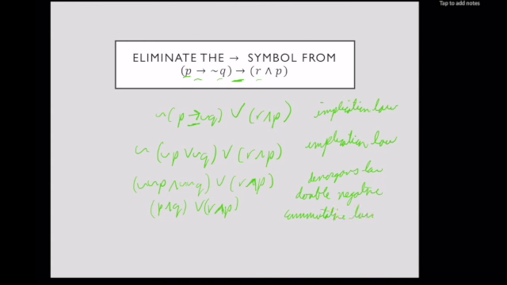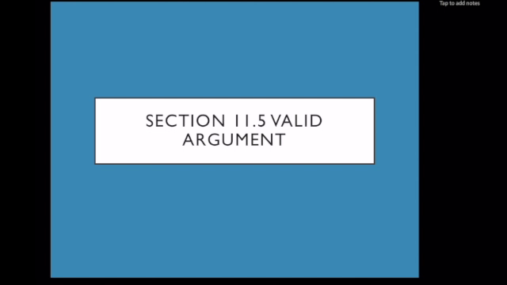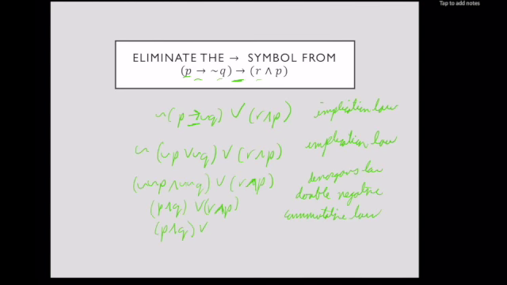The commutative law gives me P and Q or P and R. I can then use the distributive law to pull out this P. And that gives me P and Q or R. I cannot simplify this any further. So our first statement is logically equivalent to P and Q or R.